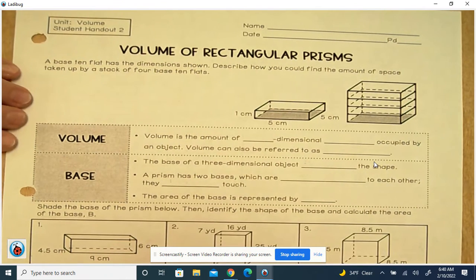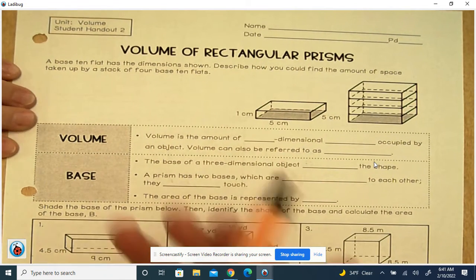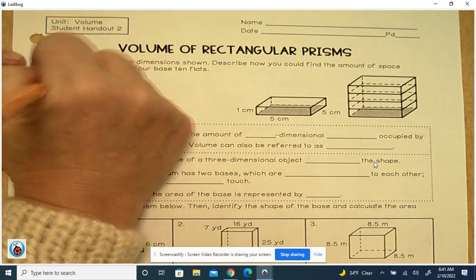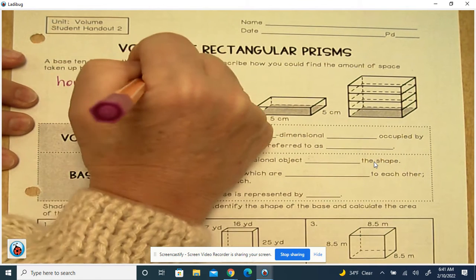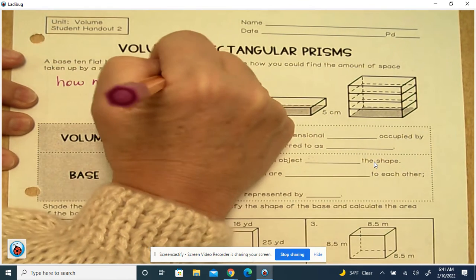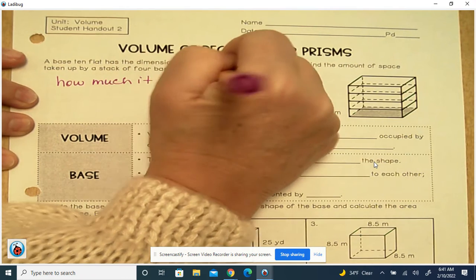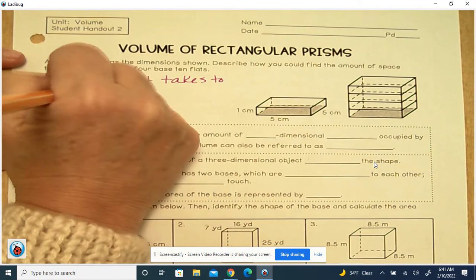figures. When you're finding volume, you want to know how much it takes to fill it up on the inside.